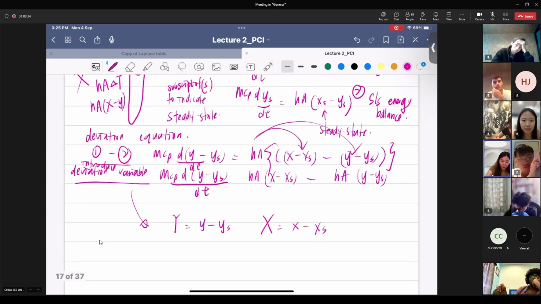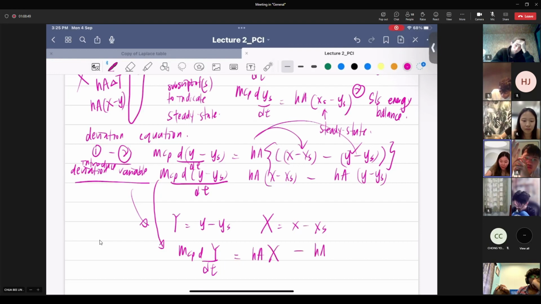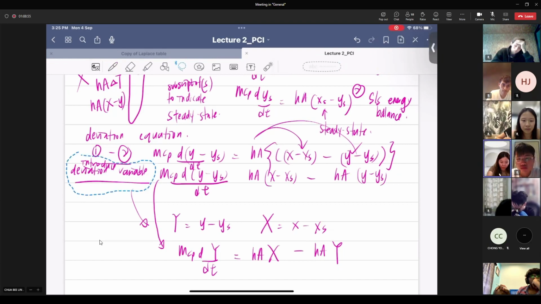Done already. So this equation will be simplified using the deviation variables: mCp d big Y over dt equals hA big X minus hA big Y, because I introduced the deviation variables.